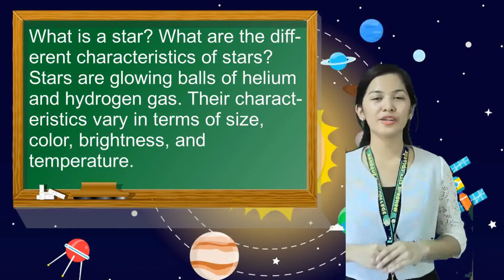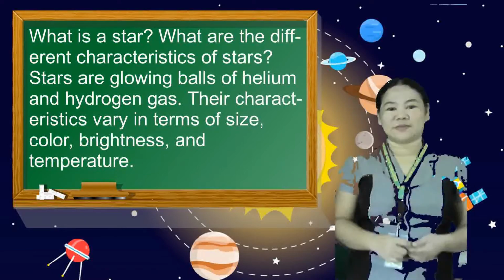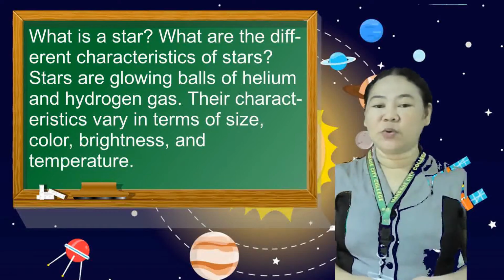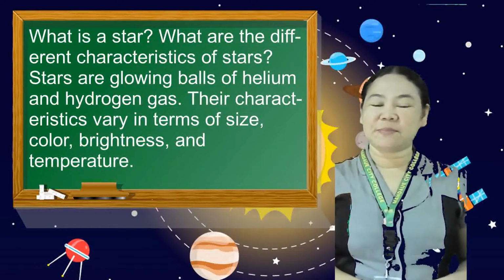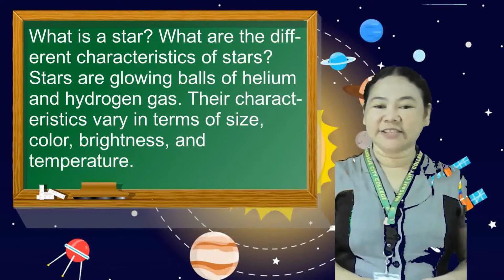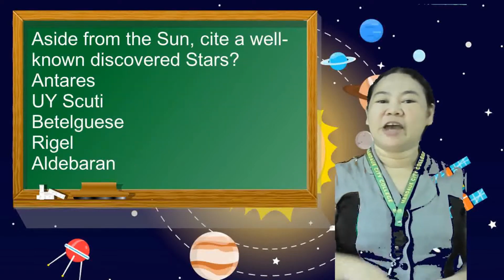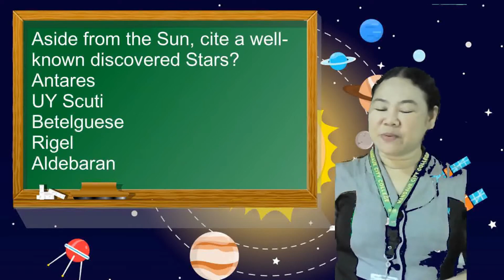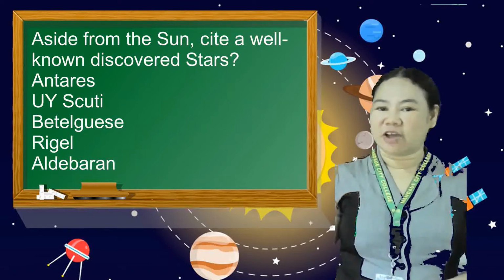So what is a star? And what are the different characteristics of stars? Miss Evardone: Stars are glowing balls of helium and hydrogen gas. Their characteristics vary in terms of size, color, brightness, and temperature. Now, aside from the Sun, cite well-known discovered stars.